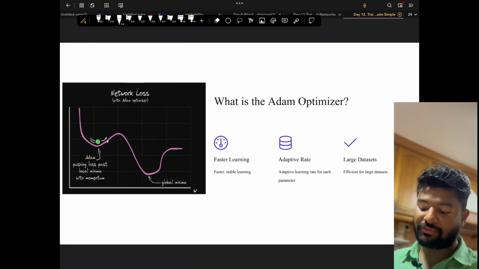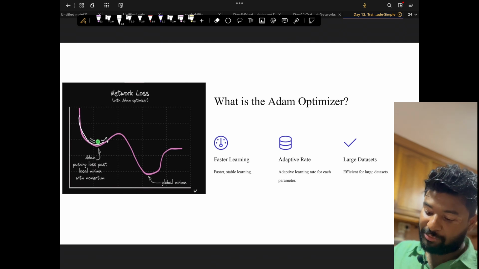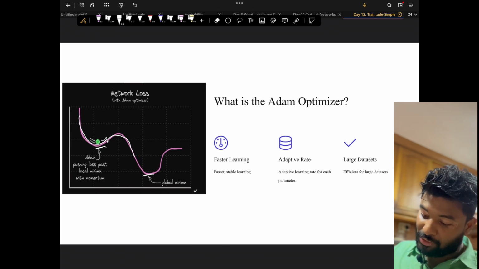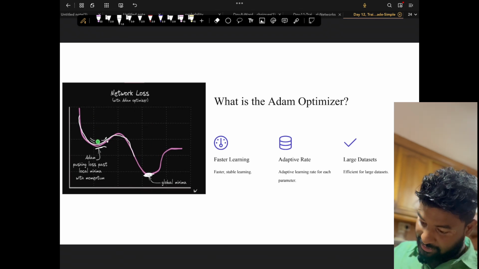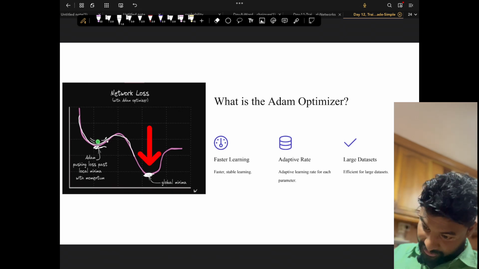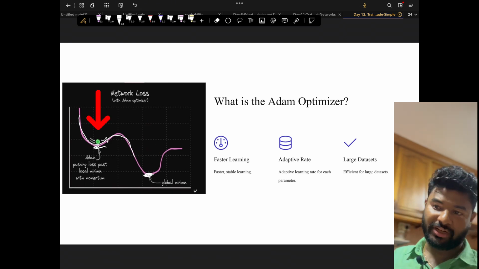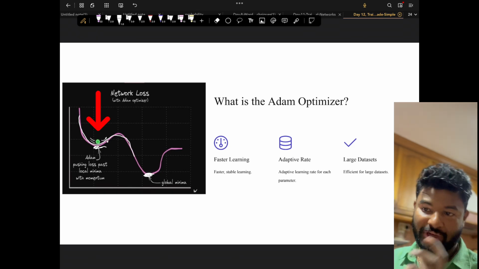You have a slope like this, and you can see there are two minimum points, but this is not the global minimum. So basically this is the global minima which you should reach, and this is one more minima. What happens if you're using gradient descent? It's going to go there and get stuck there.